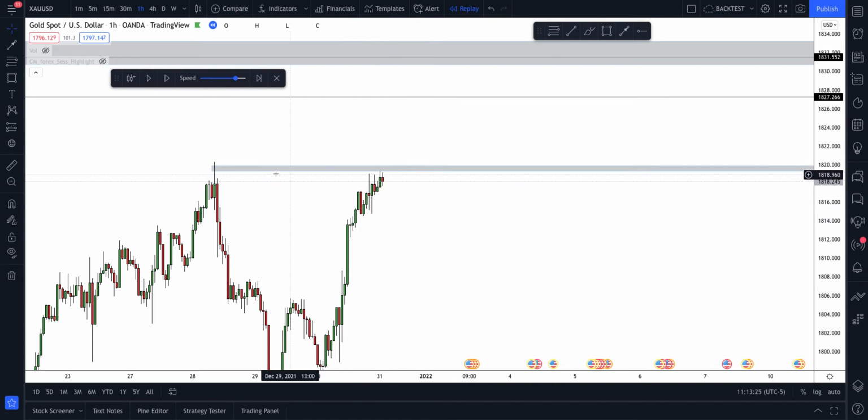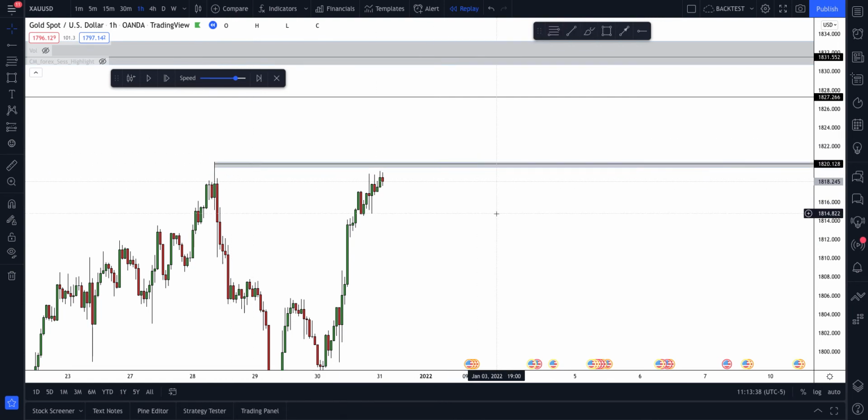So price is trying to break the zone. So if it breaks, I'll show you how I trade breakouts, and if not, how I trade rejections. Price rejecting certain zone, then continuing that direction, or breakouts, right?